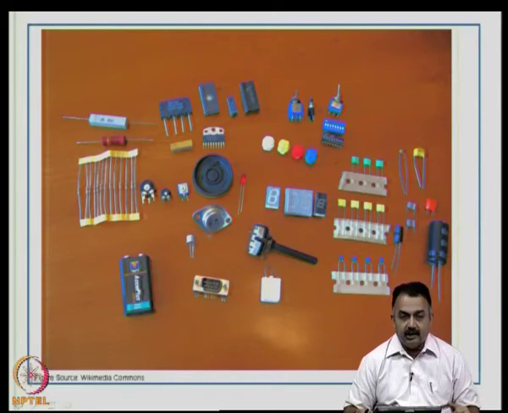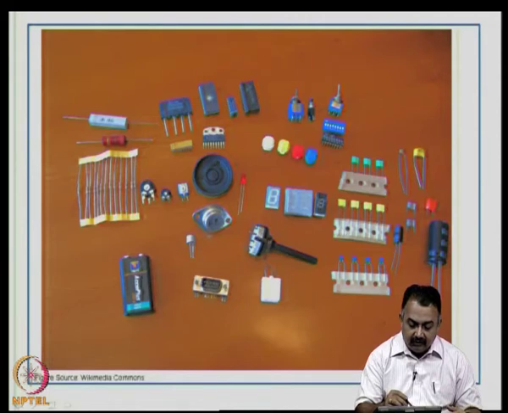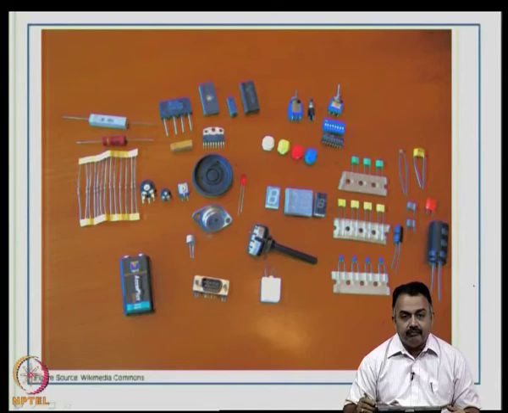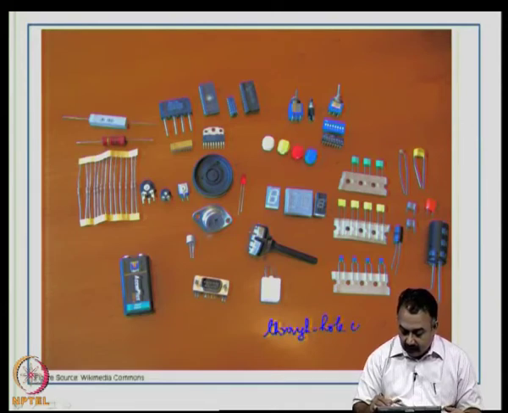Then you have various shapes of axial capacitors, cylindrical capacitors, different sizes of resistors, displays, like here you can see a 7 segment display. Then you can see various active device formats. Typically, in this particular picture most of them are through hole components. So, this example here is basically a highlight of through hole components.